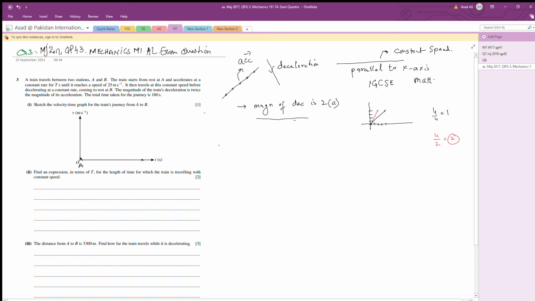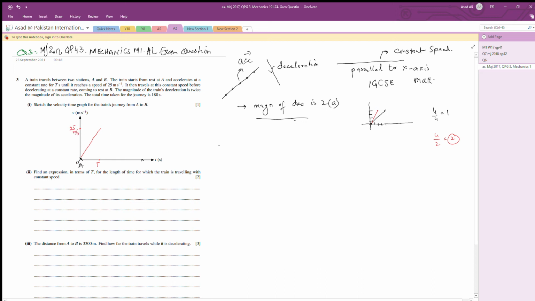Now see here, in the first case the train starts from rest at A and accelerates at a constant rate for t seconds. I'm writing t here. It accelerates until it reaches a speed of 25, so it reaches here, this is 25 meters per second.